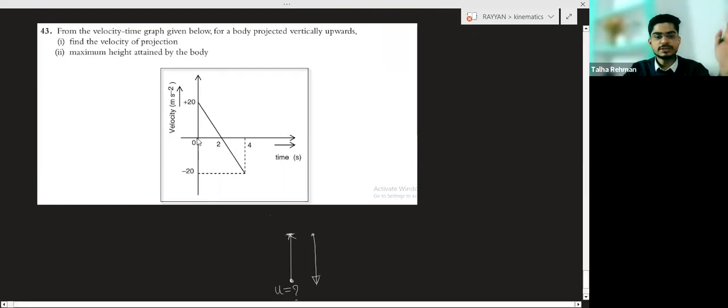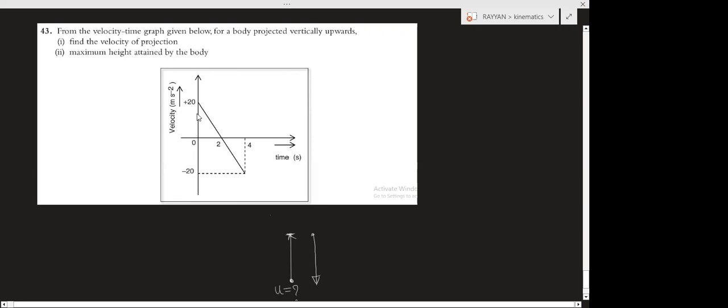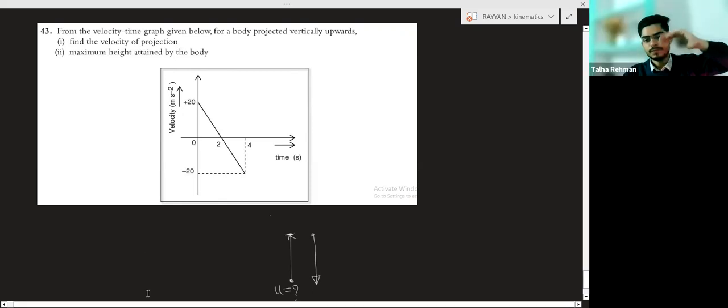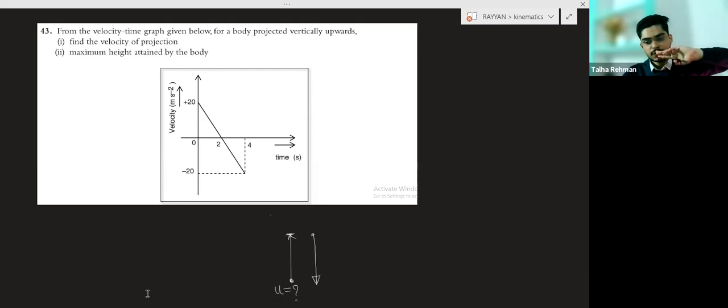Velocity of projection you can see here. Initially at t is equal to 0, we have two values. One is minus 20, another is plus 20. And I told you, when the body is going up, what will happen?